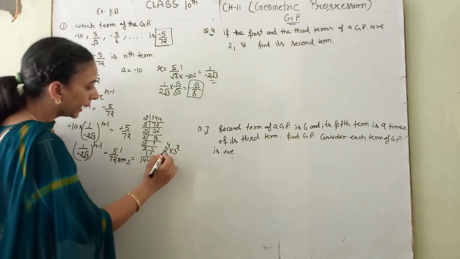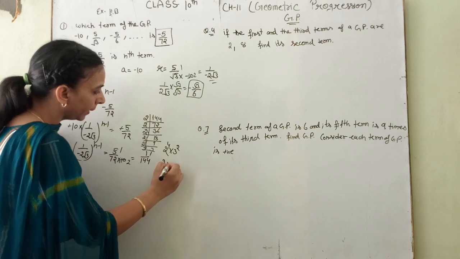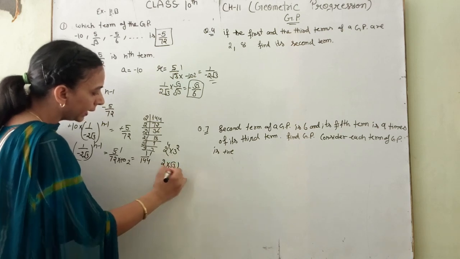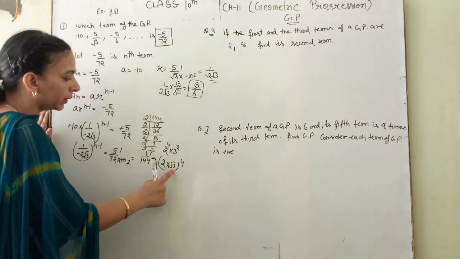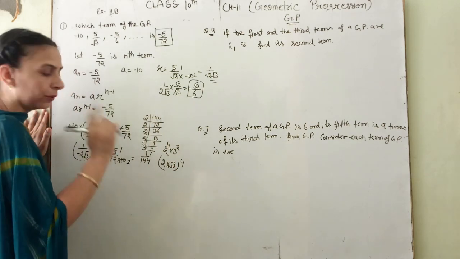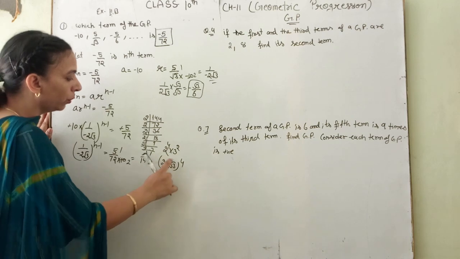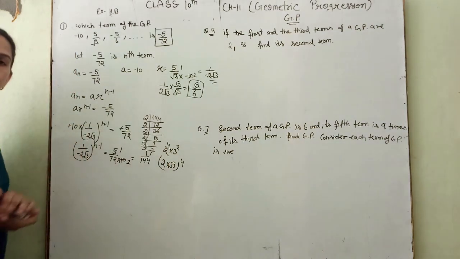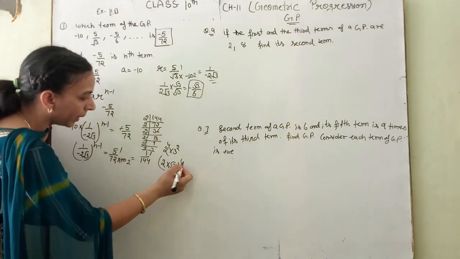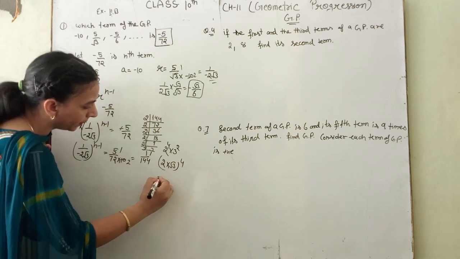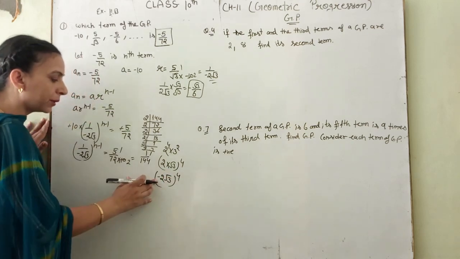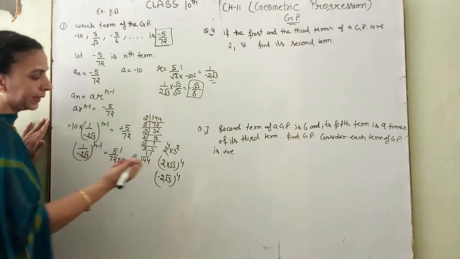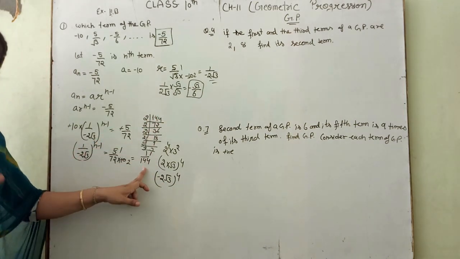But we can write this as 2 multiplied by root 3, raised to the power 4, since 3 raised to the power 2 is root 3 raised to the power 4. Then we completely write 2 root 3 raised to the power 4. Students, this is an even power, so we can also write minus 2 into root 3 raised to the power 4, because minus raised to the power 4 is plus. There is no problem, 144.